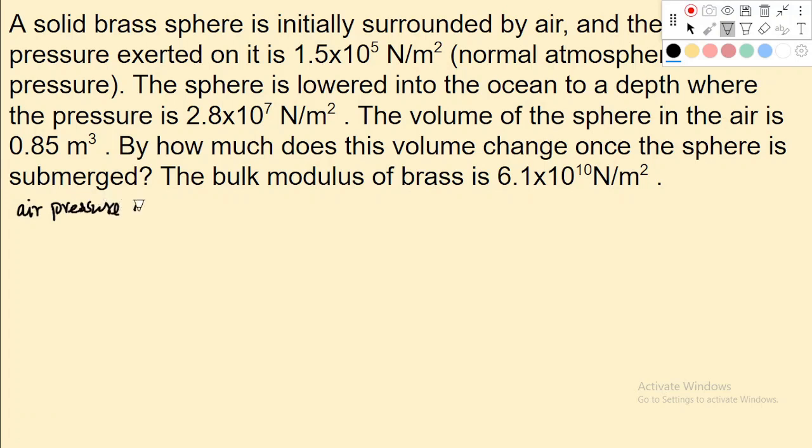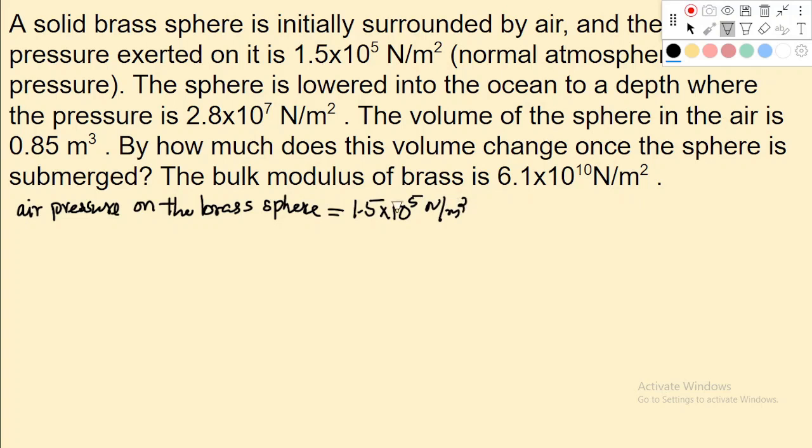The air pressure on the brass sphere is equal to 1.5 into 10 raised to 5 Newton per meter square.